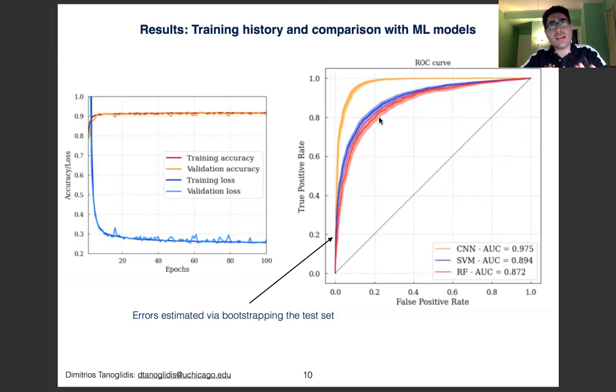When I say the same data, I mean the same galaxies, but using features such as radius and surface brightness, as we had done in the original catalog, but using a much larger data set now. And as you can see, even visually, the convolutional neural network tends to significantly overperform the other techniques.